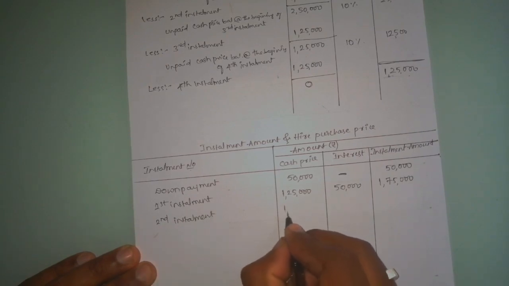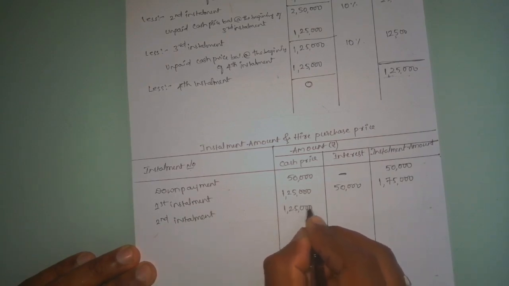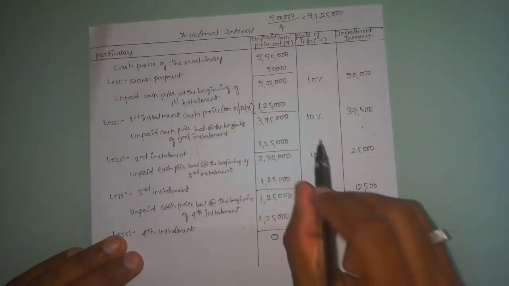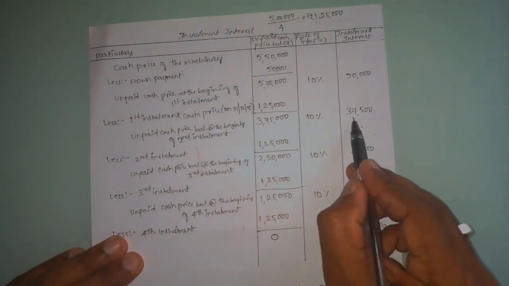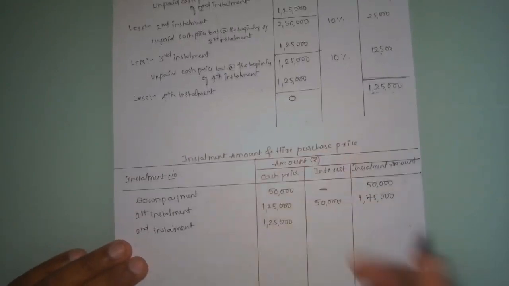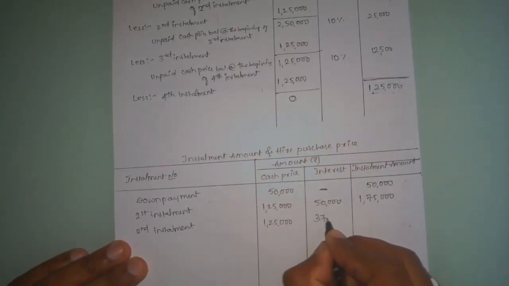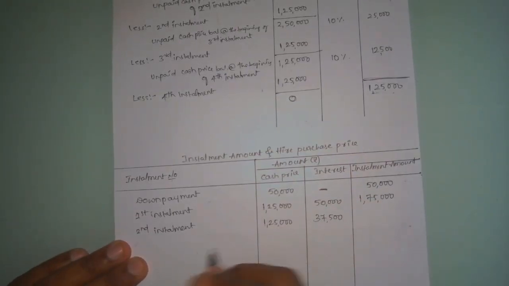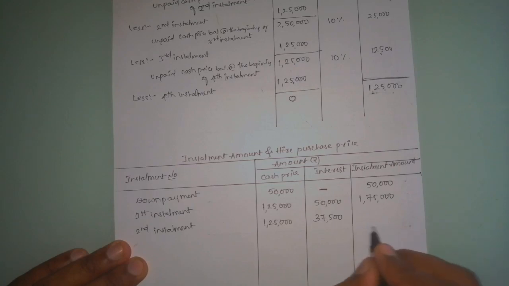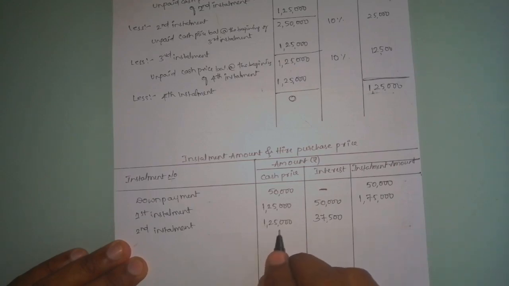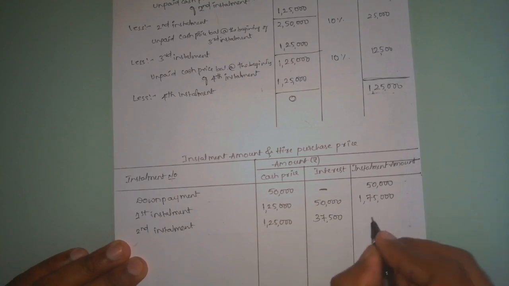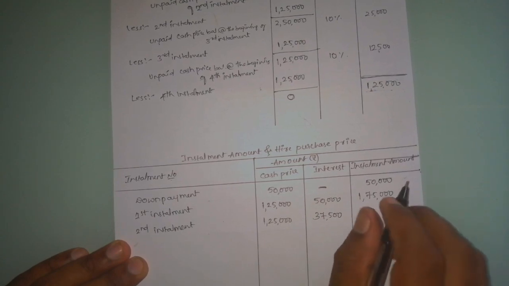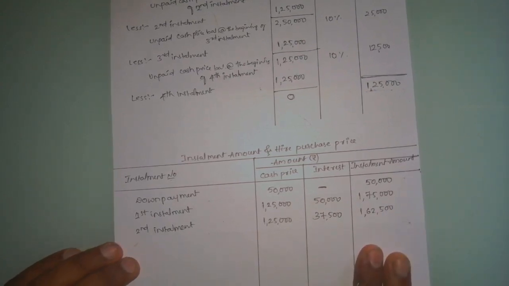After that, second installment. Cash price is rupees 1,25,000 plus interest. Second installment interest is 37,500. So 1,25,000 plus 37,500 is 1,62,500.